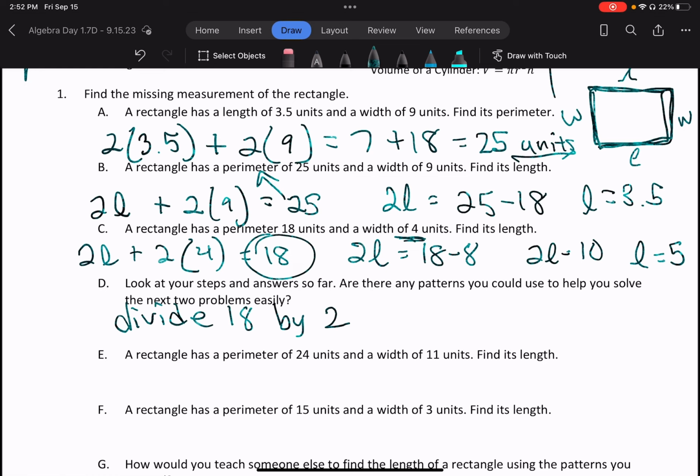So if I were to divide this 18 by 2, 18 divided by 2 equals 9.